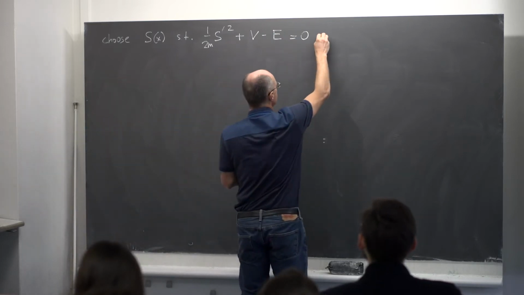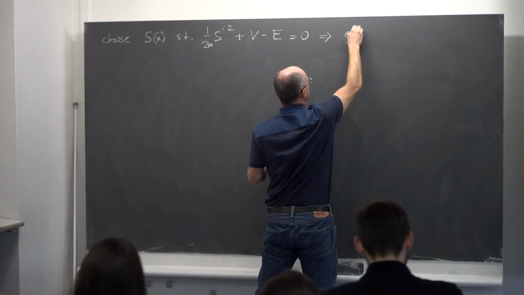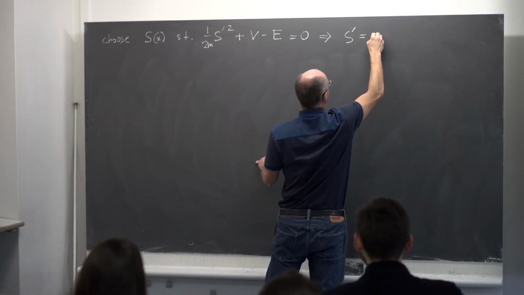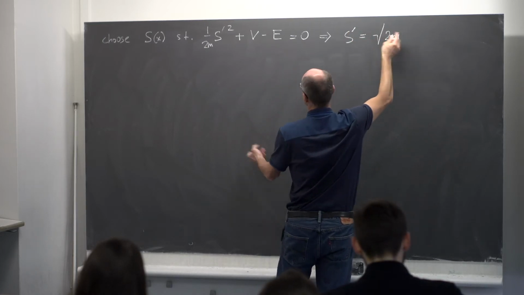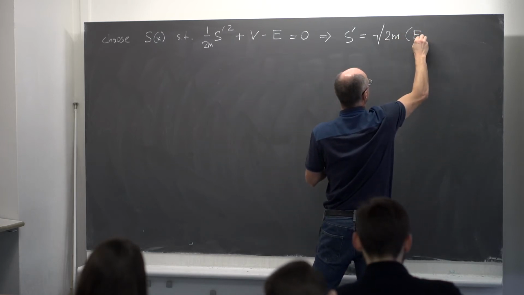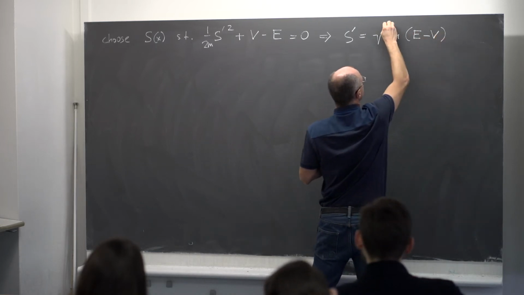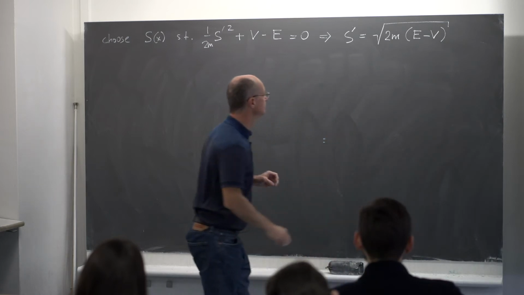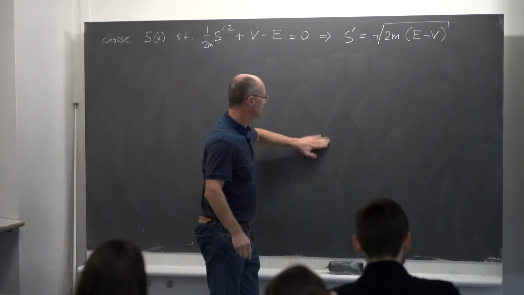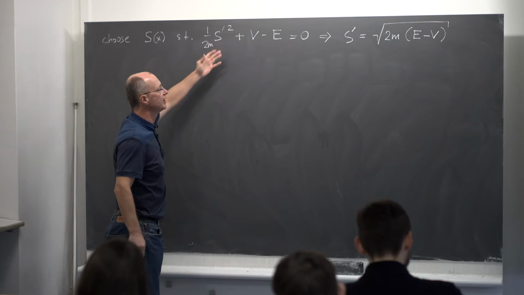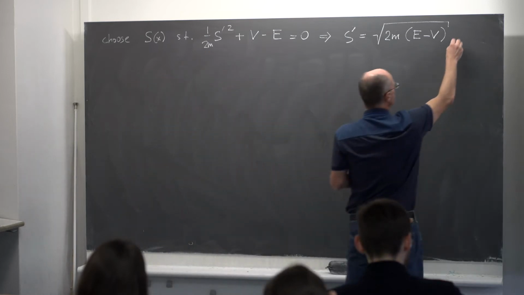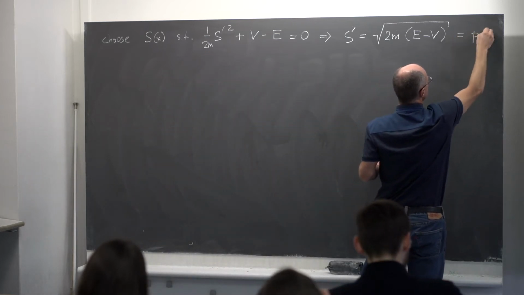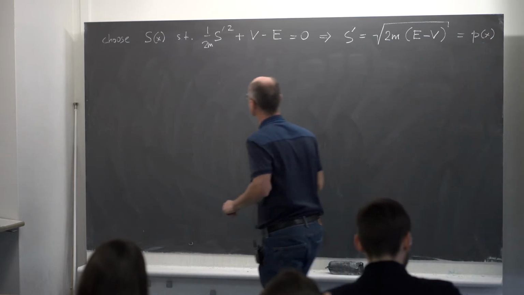So this implies s prime equal to the square root, which may be positive or negative, of e minus v. And maybe just as a remark, that's exactly the expression for p of x.